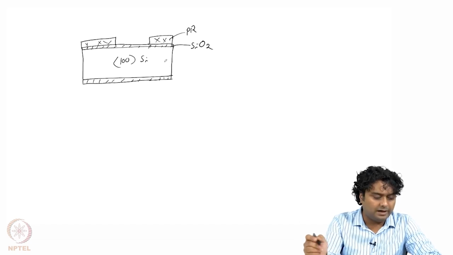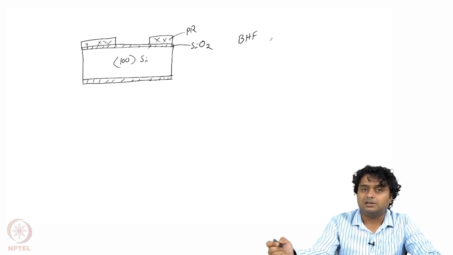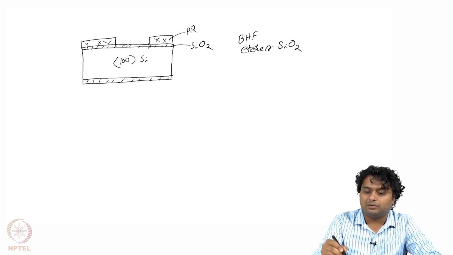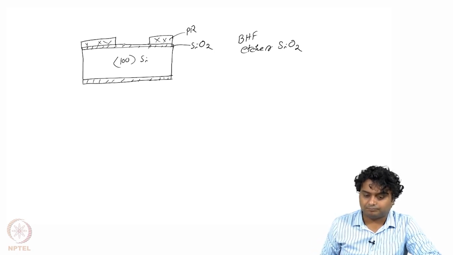Now we use HF or buffer HF, which is a solution of hydrofluoric acid, and that etches SiO2. So SiO2 where it is exposed, that region will get etched by the buffer HF, but this region will not get etched.